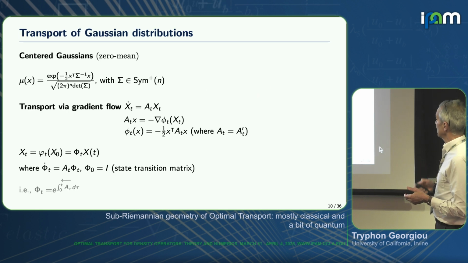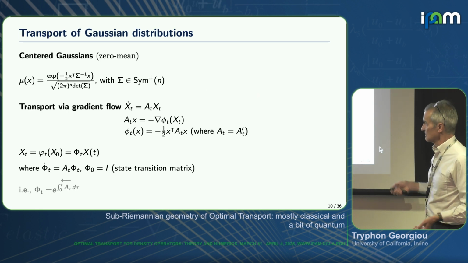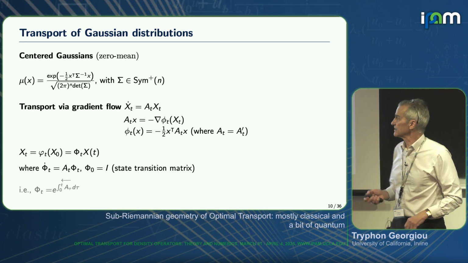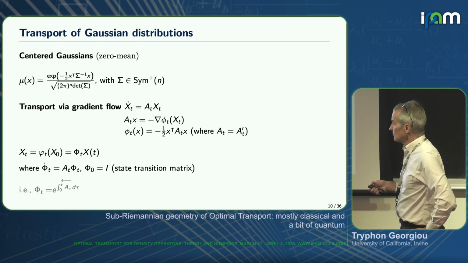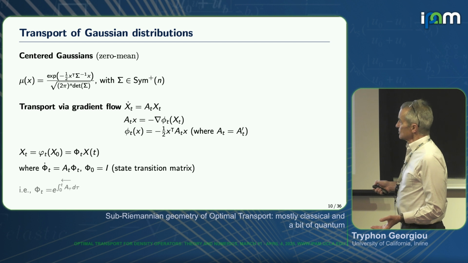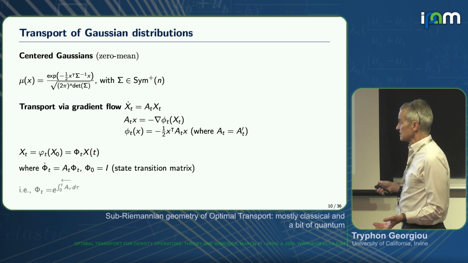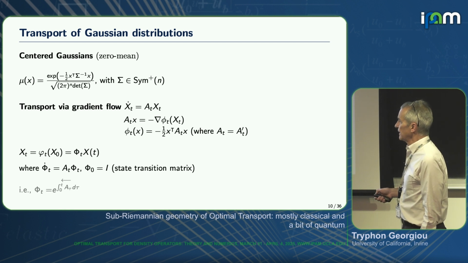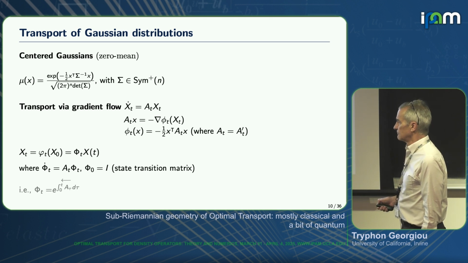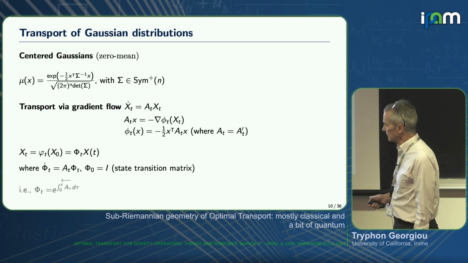So here again, some formulas. I should go quickly through this. We're going to be dealing with centered Gaussians. Sigma would denote the covariance. We identify the Gaussians with their covariances, and we transport under a gradient flow. So this A is symmetric. The gradient of phi tells you where the particle is transported.